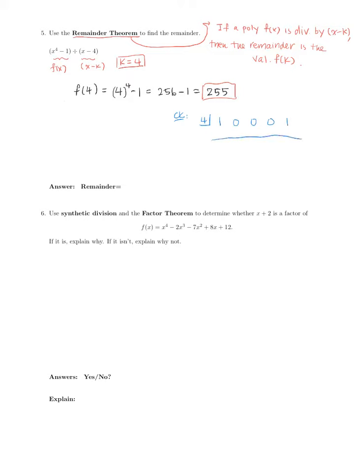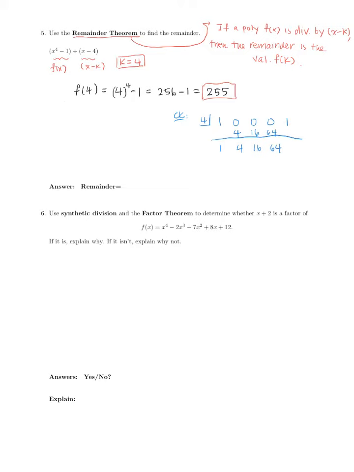So first you drop down that 1, and then 1 times 4 is going to give us 4. You add now 0 plus 4 is 4. The next one, you go 4 times 4, which is 16. Now you add them vertically, so you're going to have 16. Next one, you go 16 times 4, that's what, 64? And add 0 plus 64, so you're going to have 64. And the last one is going to be 64 times 4.